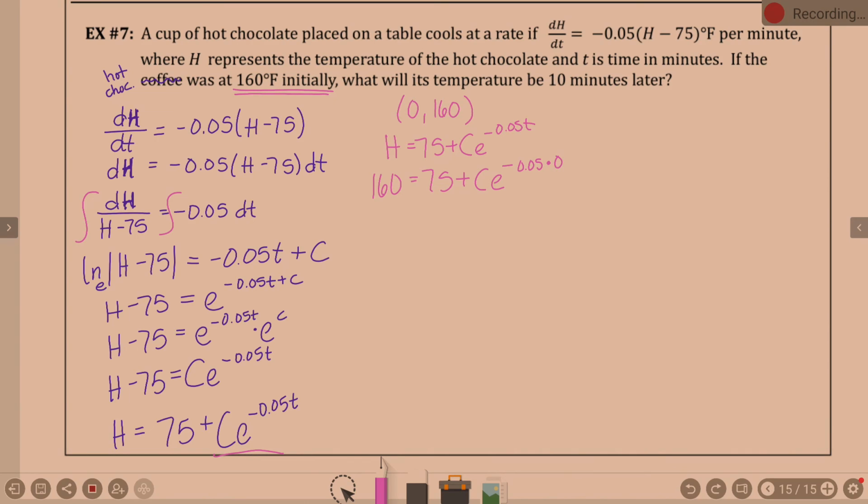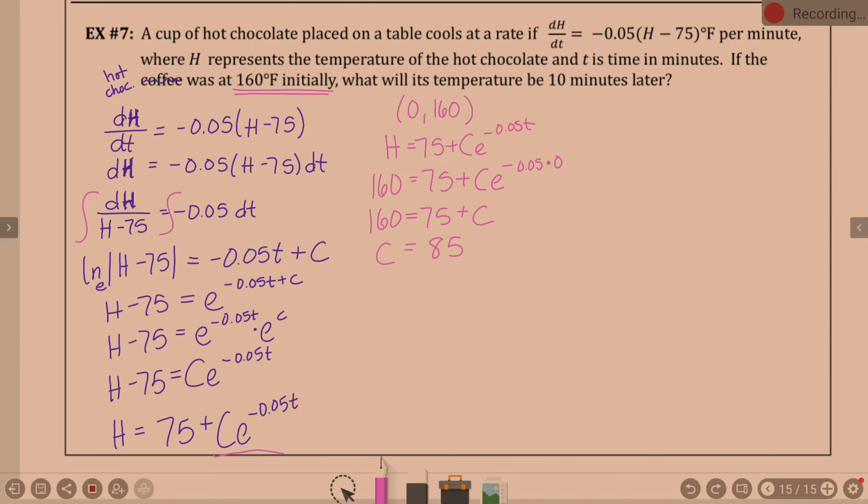Well, you end up with e to the 0. E to the 0 is going to be 1. So we end up with 160 equals 75 plus C. And so C is 85. Okay.